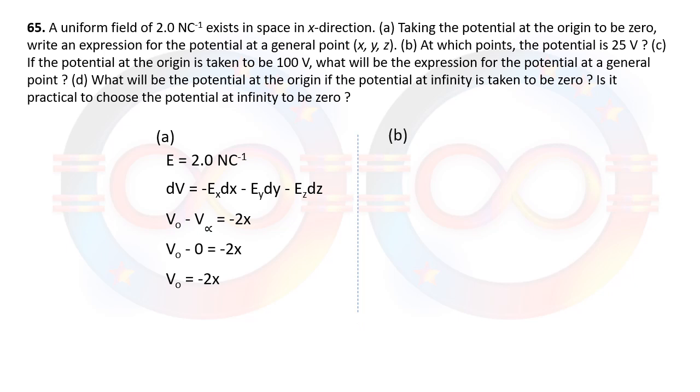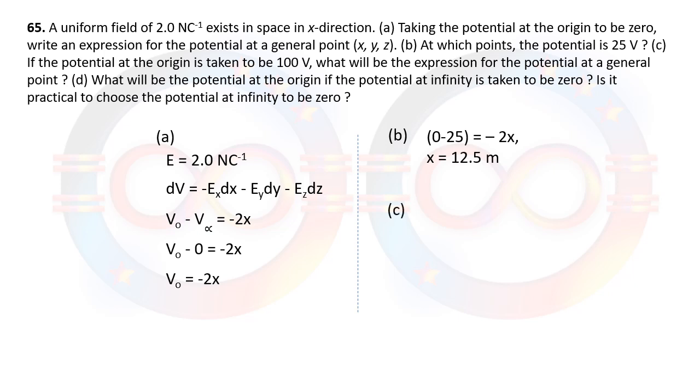Now B part, at which point the potential is 25 volt. So let us take again V0 or V1 minus V2 is equal to minus 2x. So x is equal to 25 upon 2, that would be 12.5 meter, or V final minus V initial you can take.